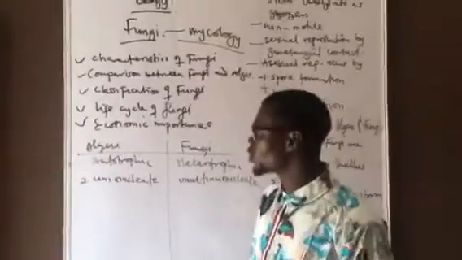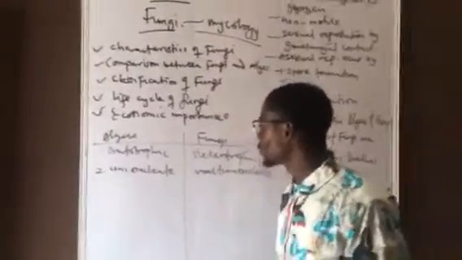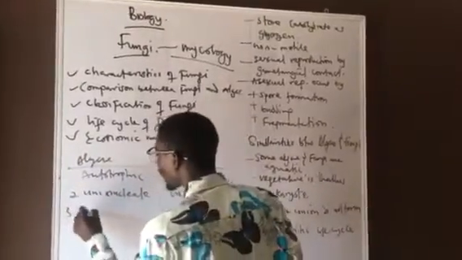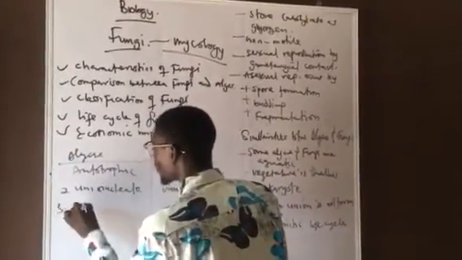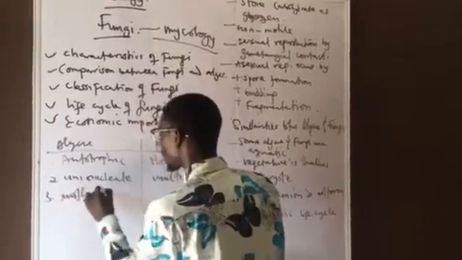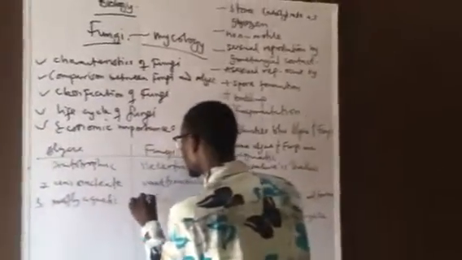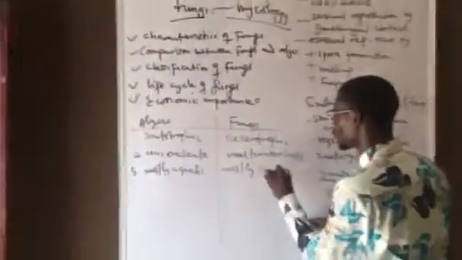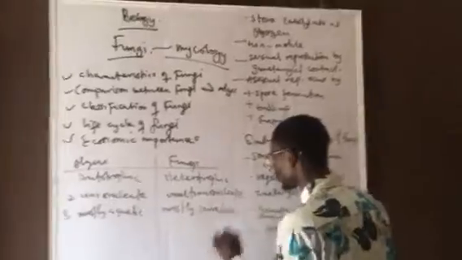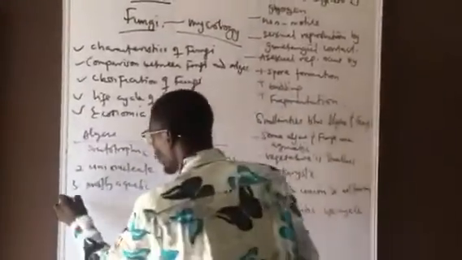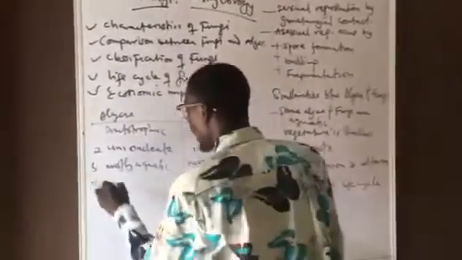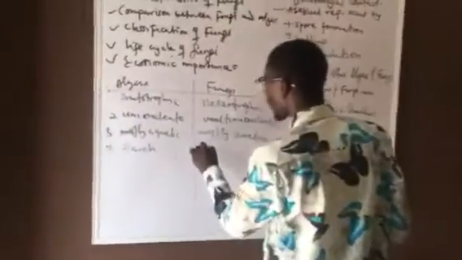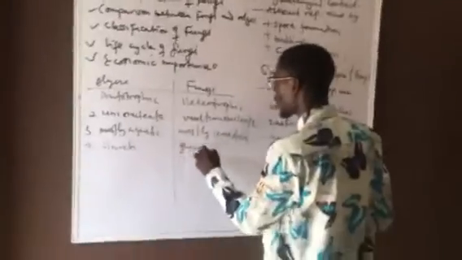Then another difference is that algae are mostly aquatic, while fungi are mostly terrestrial. Also, algae store carbohydrate as starch, while fungi store carbohydrate as glycogen.